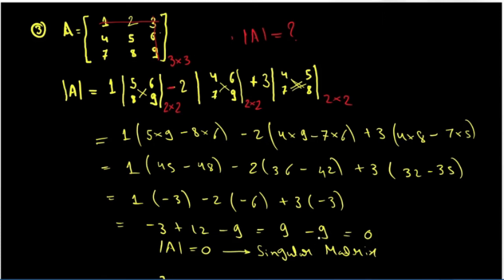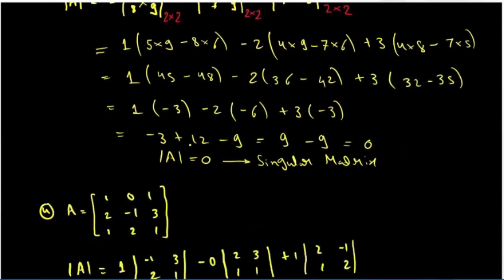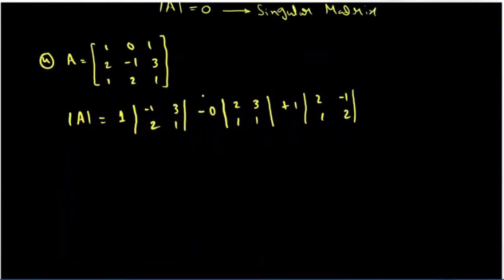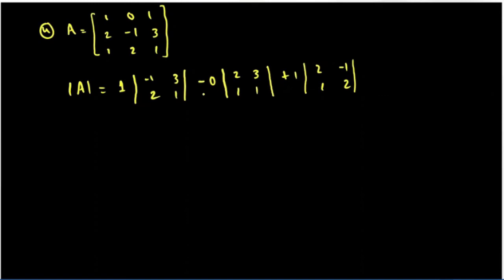So this is the procedure to determine the determinant of a 3 cross 3 matrix. Suppose I have another example like this. So this is my 3 cross 3 matrix and I want to calculate its determinant. The procedure will remain the same.